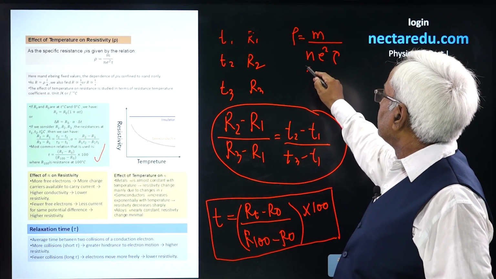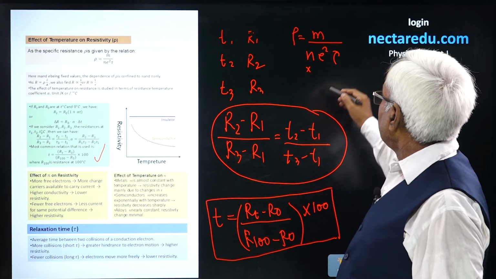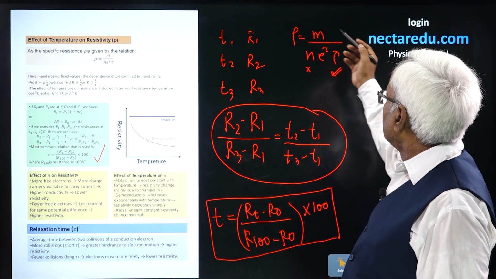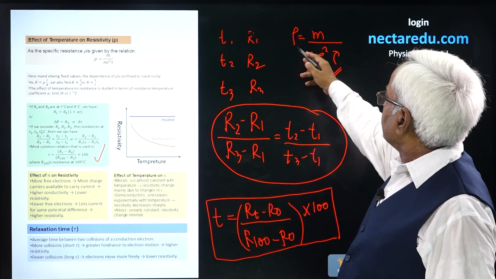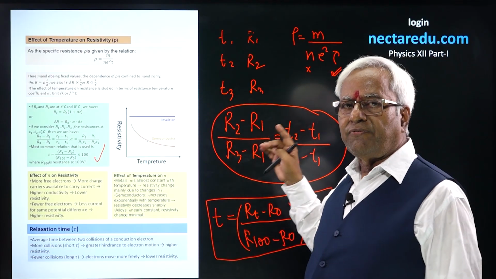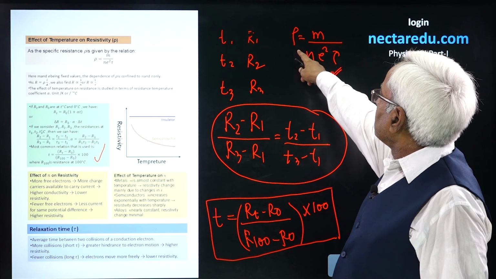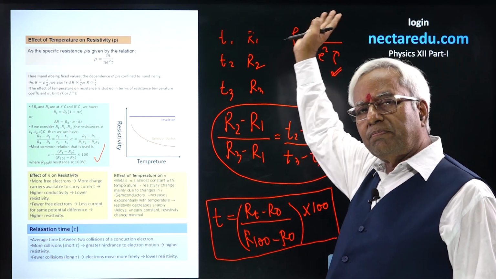So, in metals, this is irrelevant while studying the effect of temperature. In metals, tau counts a lot. In metals, we consider this factor, the dependence of rho on tau, and by studying the effect of temperature on tau, we can know what is going to happen with metals.